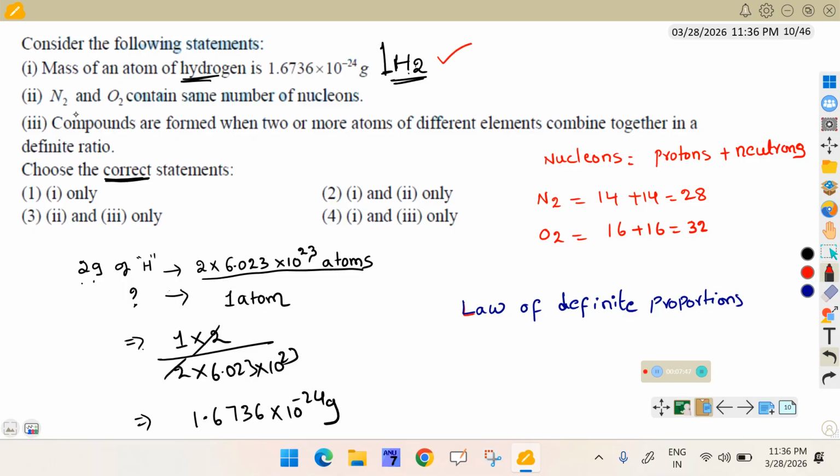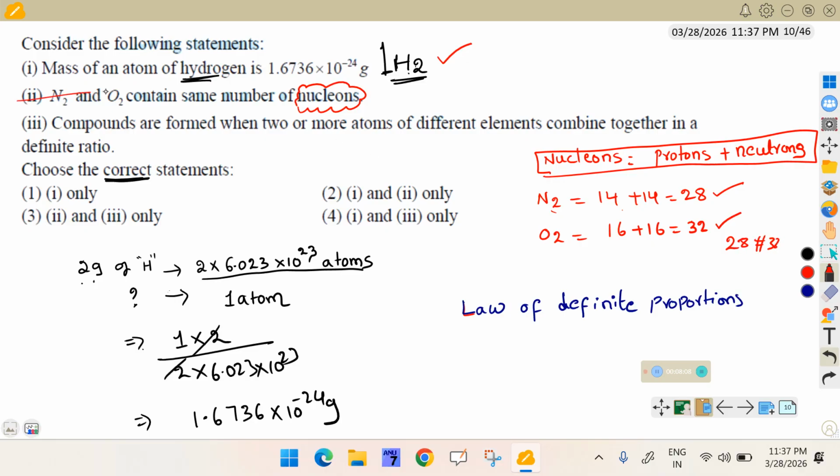Second statement, N2 and O2 contain the same number of nucleons. Number of nucleons equals protons plus neutrons. In N2, protons 14, neutrons 14, total nucleons 28, O2 total nucleons 32. 28 is not equal to 32.